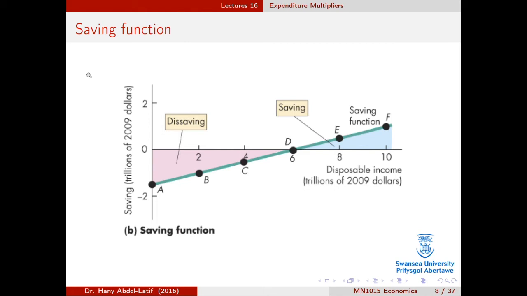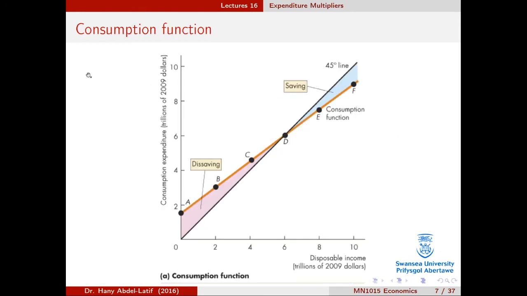So E and F. The main idea here is the same: when disposable income increases, savings increase too. And again, when disposable income increases, consumption increases. That makes sense. If you think at an individual level, about yourself, the same works for the whole economy or all households at the same time.